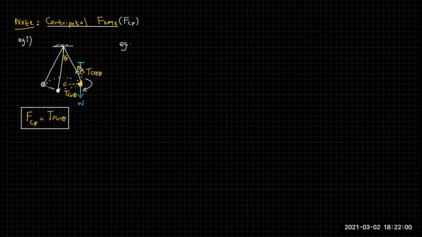Example 2. Let's see who gives me the correct answer. Now imagine a system like this. There is a cone-like structure like this. Inside that structure, we are allowing an object to rotate.